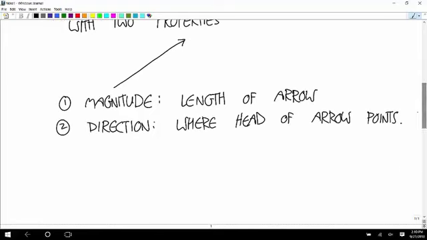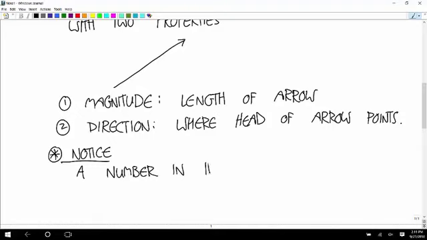And notice that a number in one dimension had these same two exact properties.